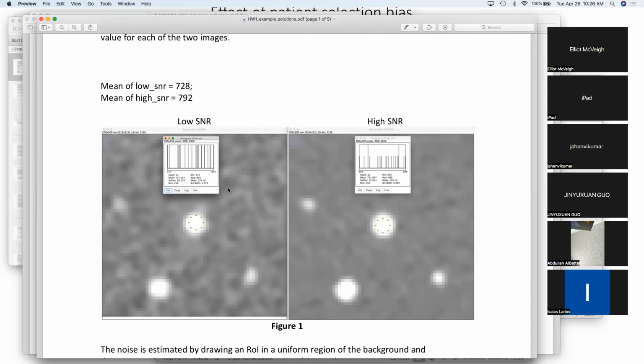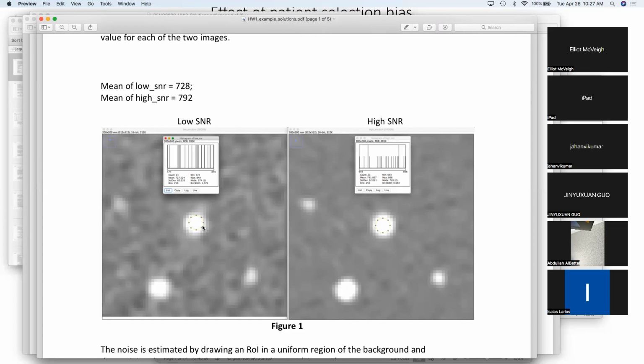If I did 1,000 trials and measured the mean value here, and 1,000 trials and measured the mean here, that's going to be the same number. In the left case we have high noise, and in the right case we have lower noise, but that did not change the value of this. It just changed its variability from trial to trial. Okay.